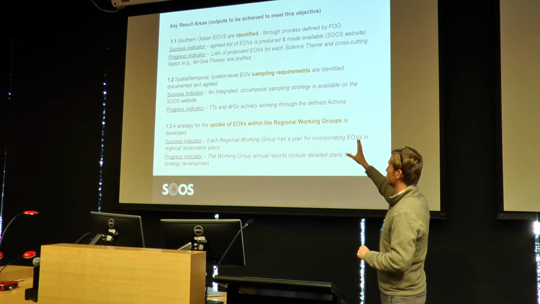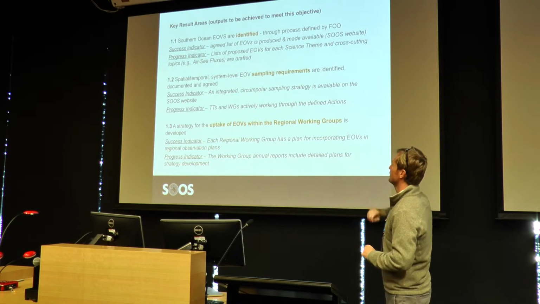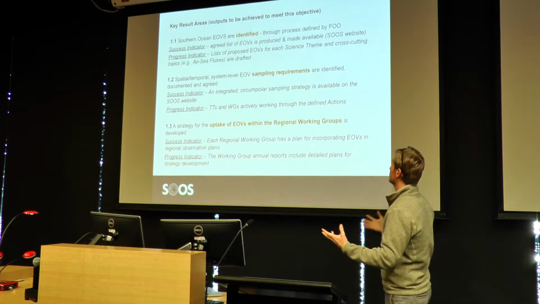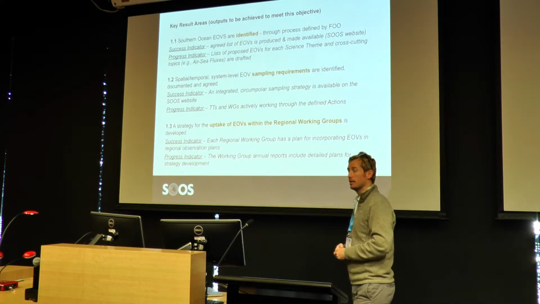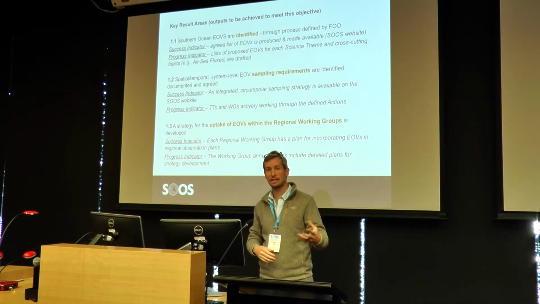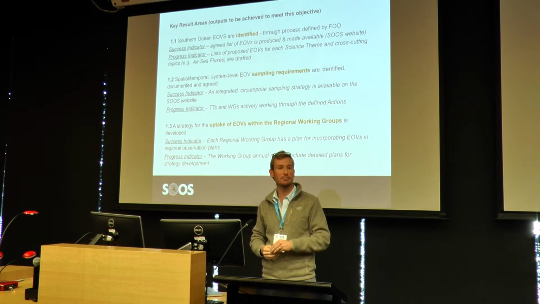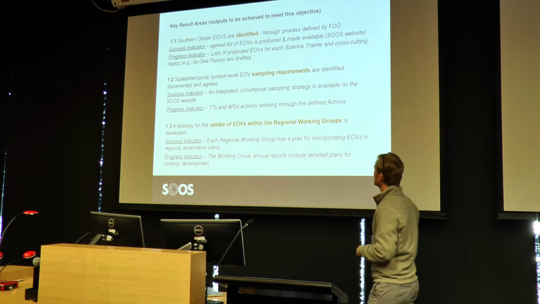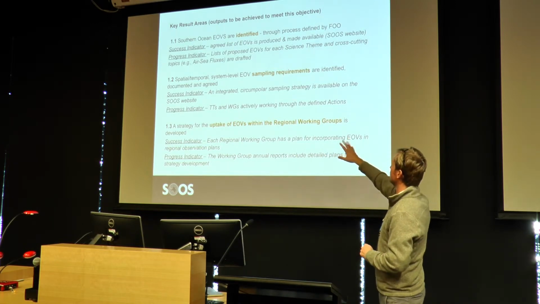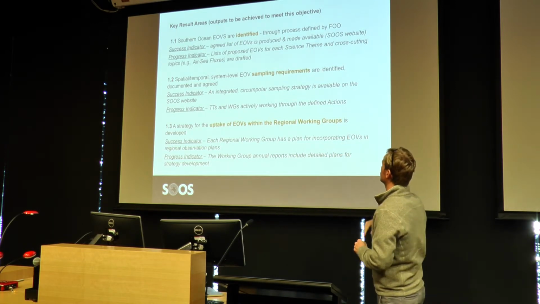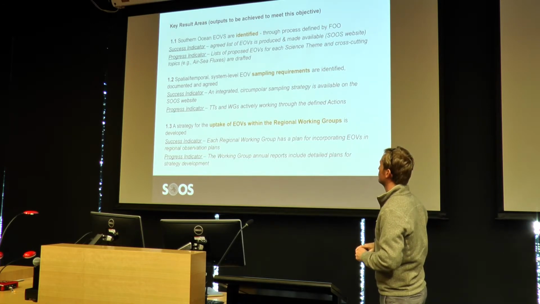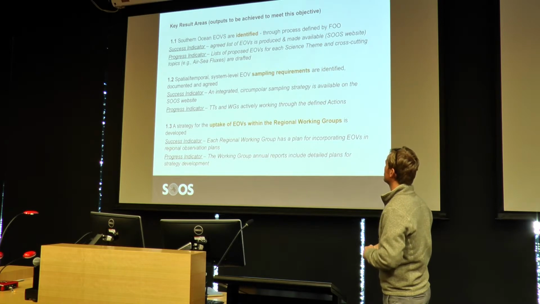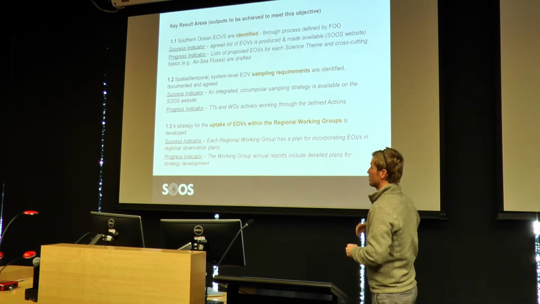That is to, first of all, identify the Southern Ocean EOVs. That's a process-driven way that we'll undertake it, guided by structures such as FOO and GOOSE. Once those are agreed on, they can be made available, for example, on the SOOS website and to the community otherwise, and addressed within each of the science themes and through cross-cutting topics.